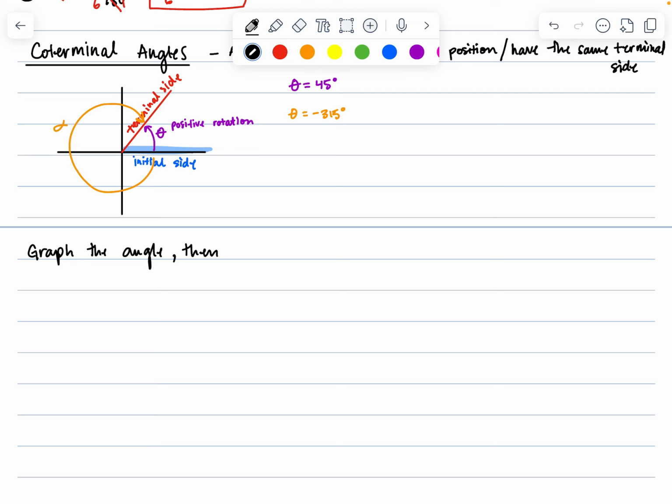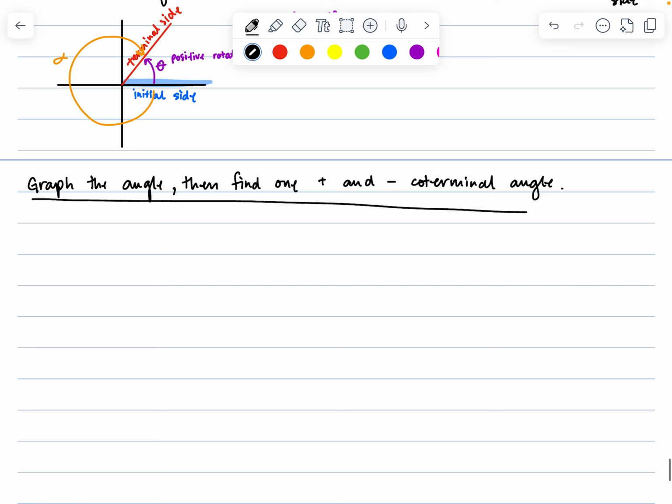Then find one positive and negative coterminal angle. Okay, so these are directions. So first one, if I said, for instance, 30 degrees.